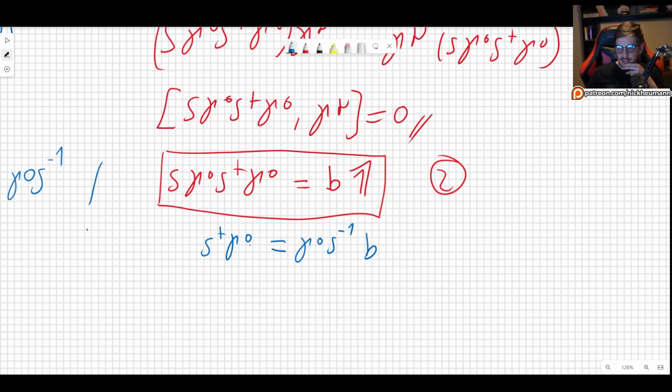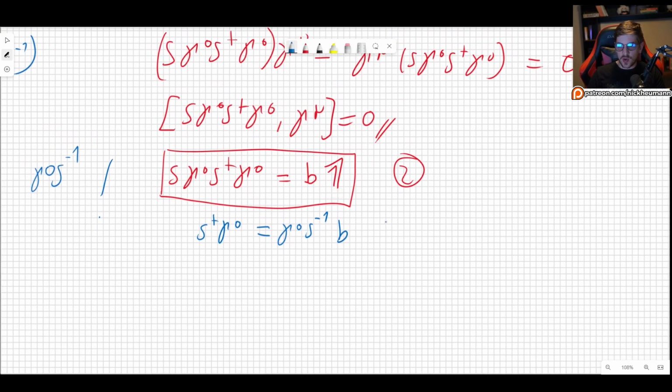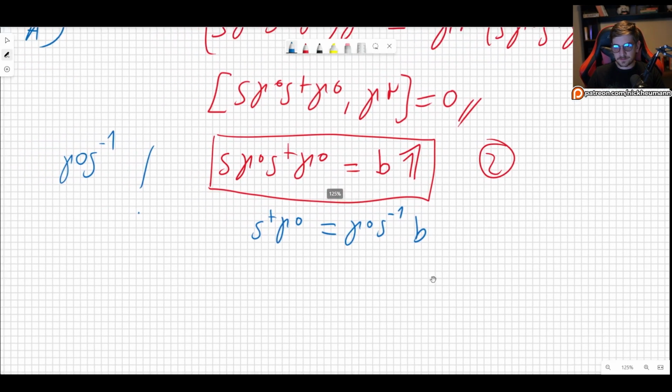Just to make sure we understand what we are doing here, we want to find relations between S and S dagger, because if we find B, we already know what gamma 0 is, so this expression would tell us a lot about S and S dagger. That's a lot of good information. So let's take the Hermitian conjugate of this expression.